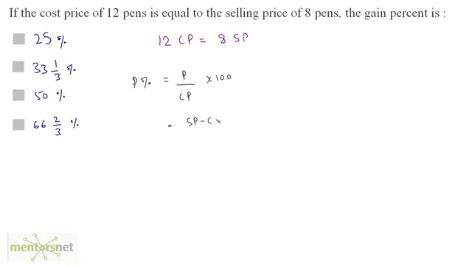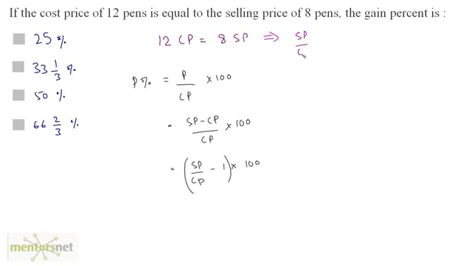So SP minus CP upon CP times 100. So this is equivalent to SP by CP minus CP by CP, which is 1, times 100, right? So we want selling price upon the cost price, and that can be obtained from this equation.